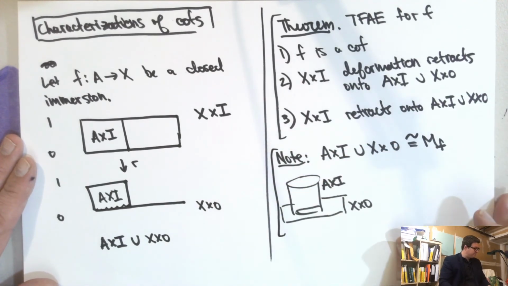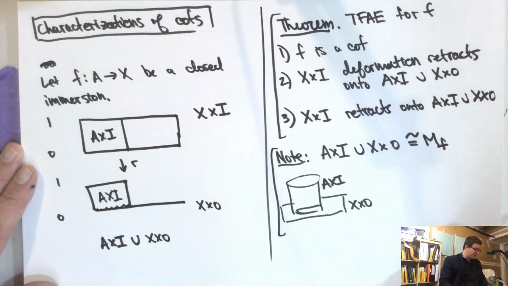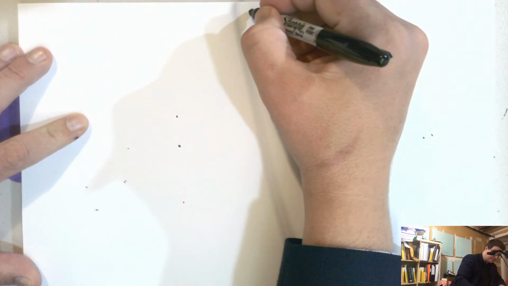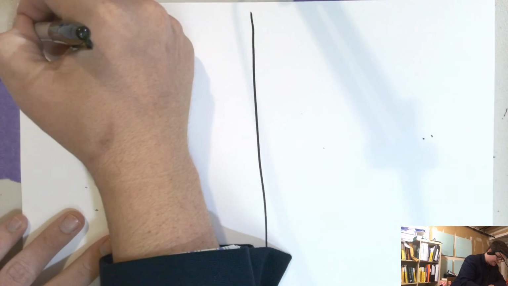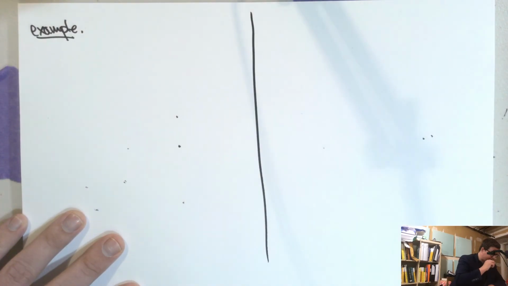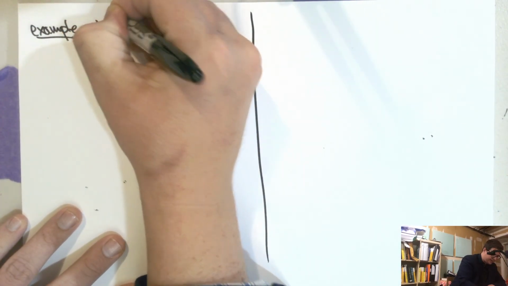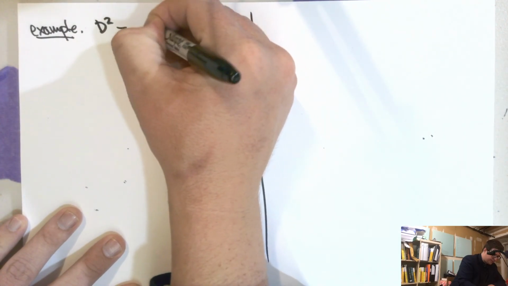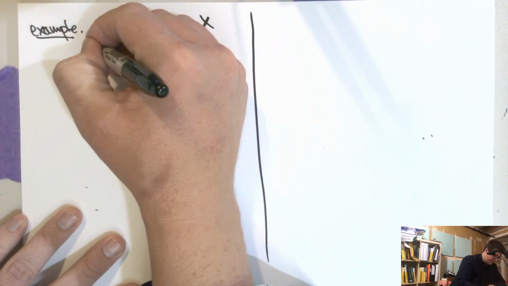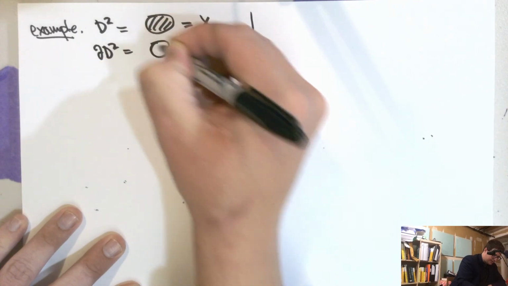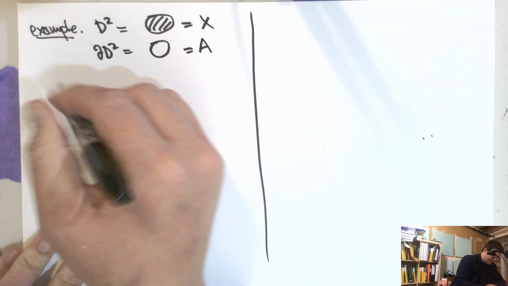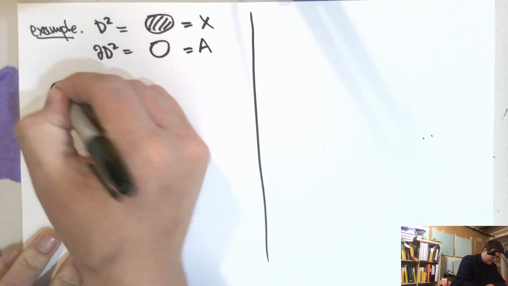All right, so maybe it's good to give an example before going into the proof of this. So here's an example of how you can apply it. We're going to use this criterion to show something. If we look at this disk, this filled disk is going to be X. And then we have the boundary, just this circle, and this is A. Then we have X cross I, this filled cylinder.